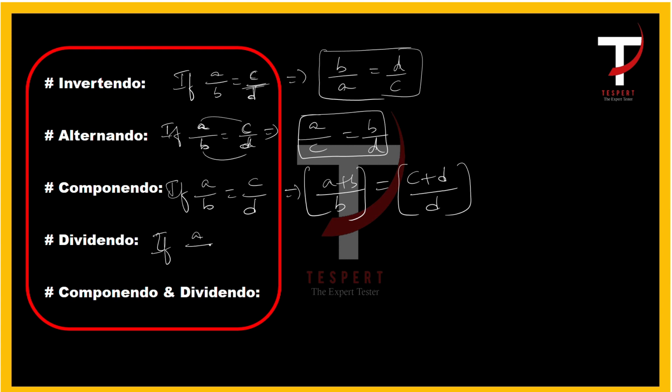If A by B is equal to C by D, then A minus B by B is equal to C minus D by D. In componendo, we sum up, right? We sum both the values. In dividendo, we subtract, right?